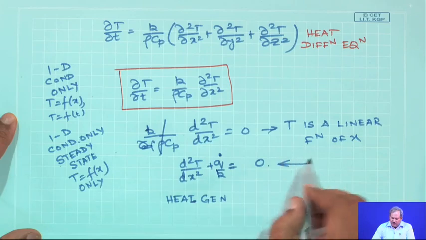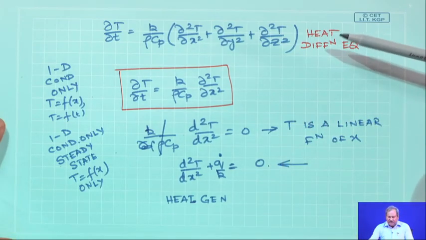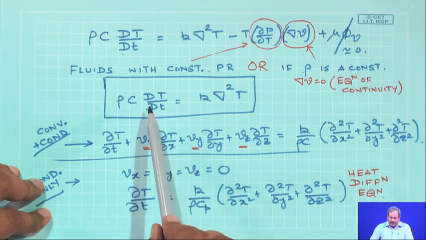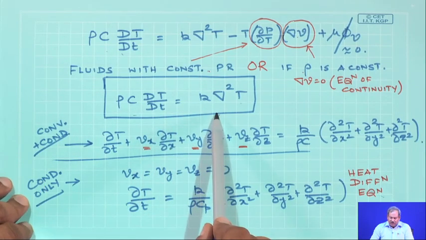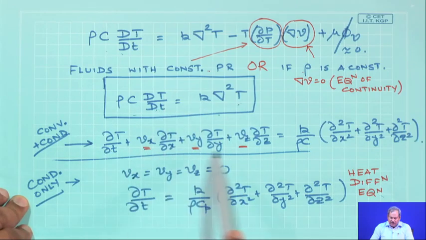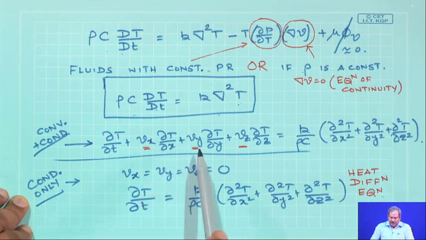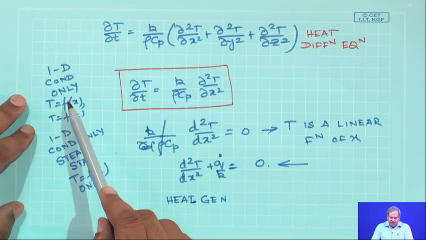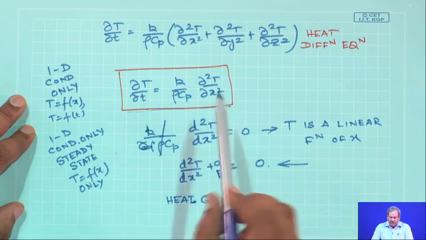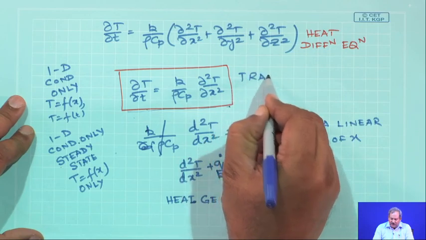So, you can clearly see that starting with the most general and slightly complicated expression, where you have convection and conduction both present, which is this form, if you set the convection to be equal to 0, what you get is the heat diffusion equation. If you simplify the heat diffusion equation by assuming it is a one dimensional conduction only case, you get the equation for transient one dimensional conduction.